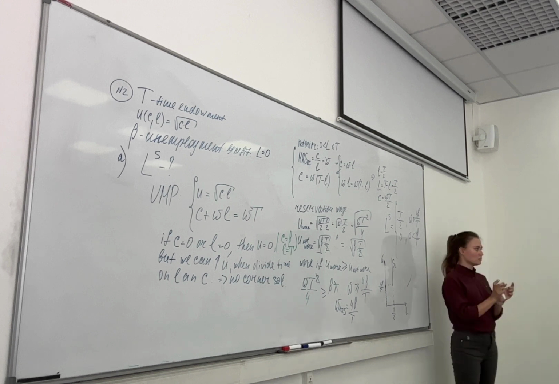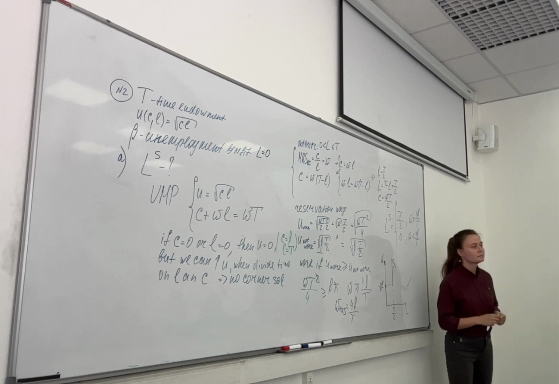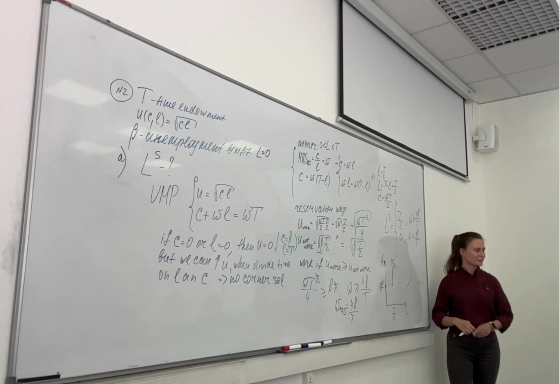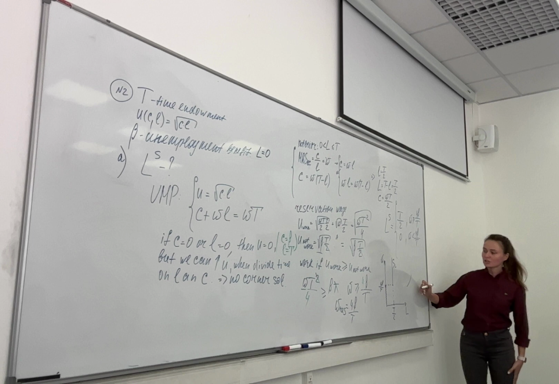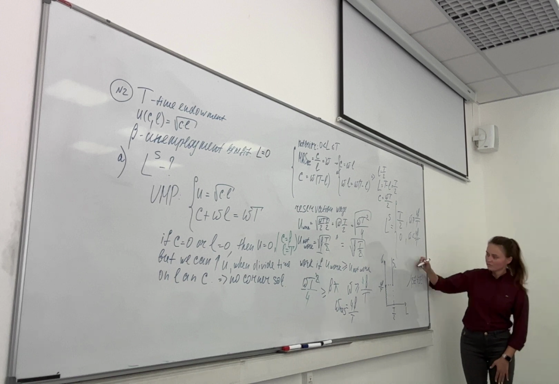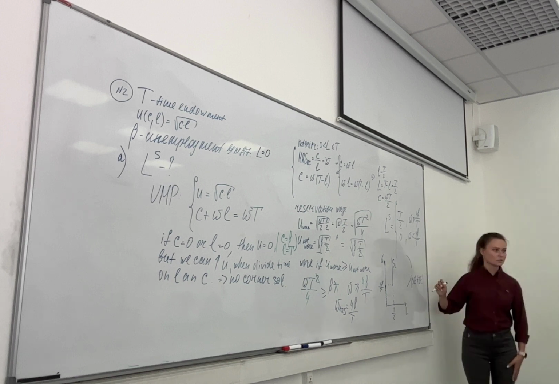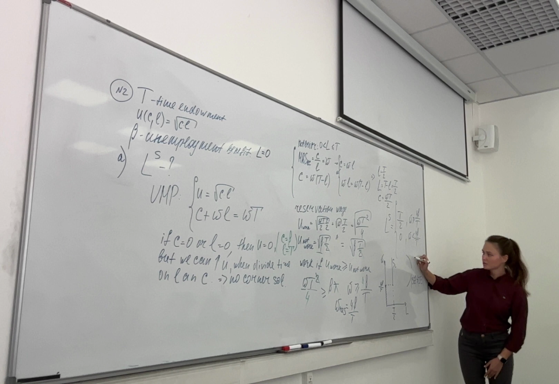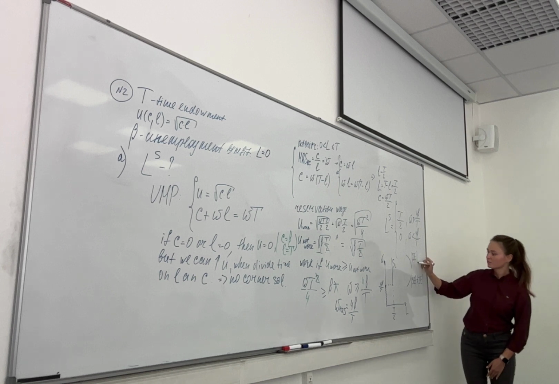What does that mean? This we are trying to explain now. If the substitution effect, by module, is bigger than the income effect, then labor increases. The opposite situation is when the income effect is bigger than the substitution effect.